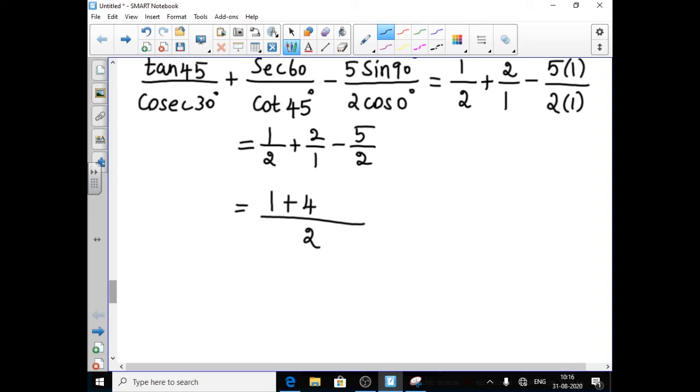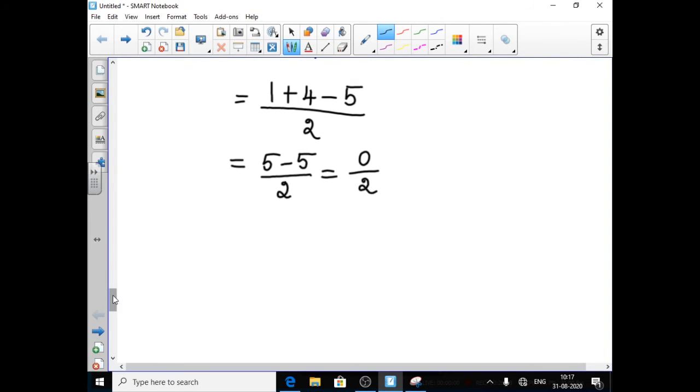Denominator is 1, so we multiply numerator and denominator by 2. So now here the numerator is 4. Then 5 by 2 already has denominator 2, so no need to multiply anything. So the positive value is 1 plus 4 equal to 5 and the negative value is 5. So 5 minus 5 divided by 2 is equal to 0 divided by 2, and 0 by 2 is nothing but 0.